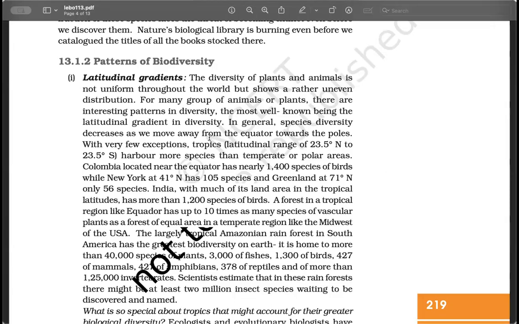We call the equator 0 because that's the imaginary line that runs through the center. Imagine the center of that sphere, and then we have latitudes going away from the equator towards the North Pole and away from the equator towards the South Pole. So that is called the latitudinal gradient.